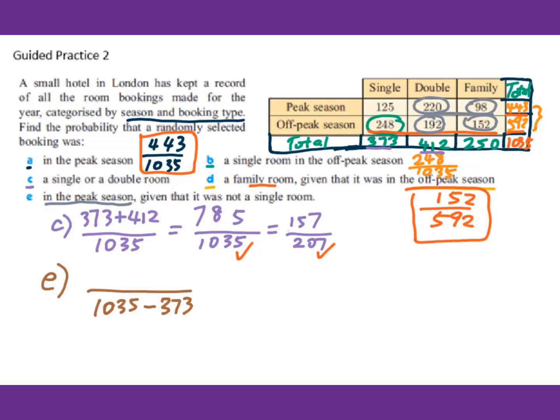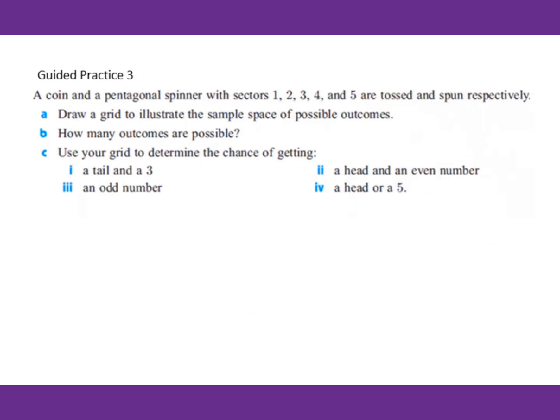So these two adding, 220 add 98. So you have 318 over 662. You don't have to simplify. Let's just leave it as it is. This will be E.